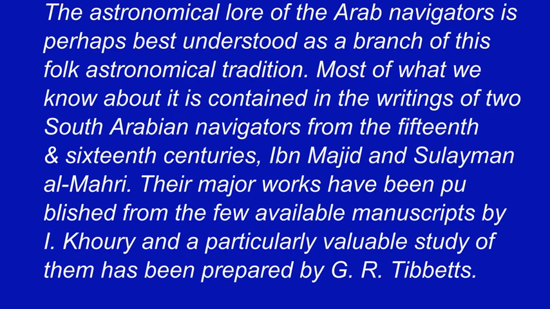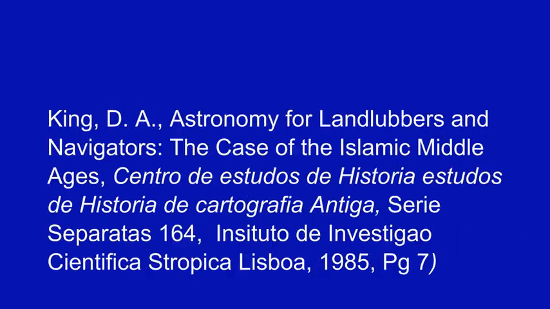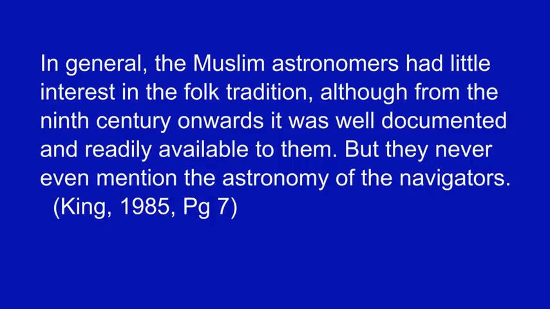Their major works have been published from the few available manuscripts by I. Khoury, and a particularly valuable study has been prepared by J.R. Tibbetts. And King continues, in general, the Muslim astronomers had little interest in the folk traditions, although from the 9th century onward it was well documented and readily available to them, but they never even mentioned the astronomy of the navigators.